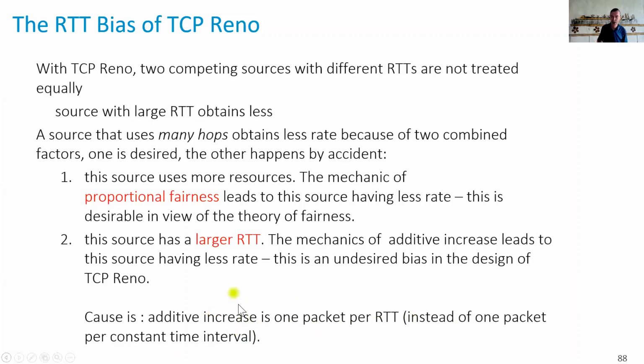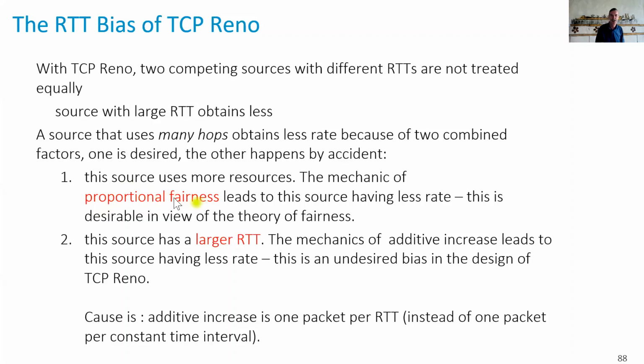So the increase is less frequent and is by a smaller amount in number of rates. So if you have a larger RTT, then you are using additive increase, multiplicative decrease approximately, but with an increase term that's less large than others. So you're competing with a disadvantage, with a handicap here. So there are those two parts in the bias.